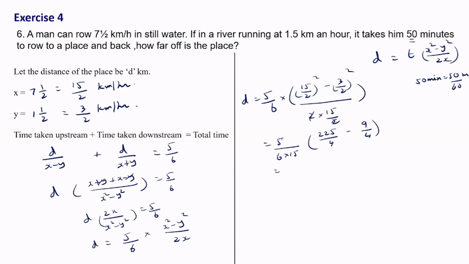So this is 1/6 into 3 into 225 minus 9, which is 216/4. So if we simplify, we get d as 3 kilometers. So the place is 3 kilometers far.